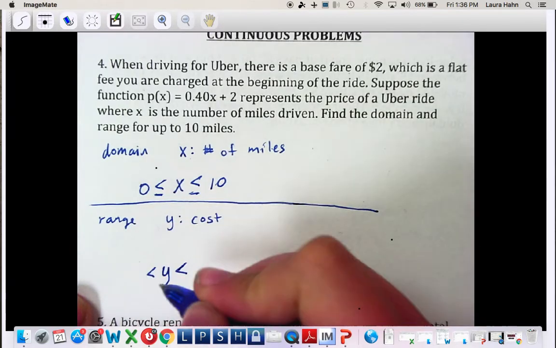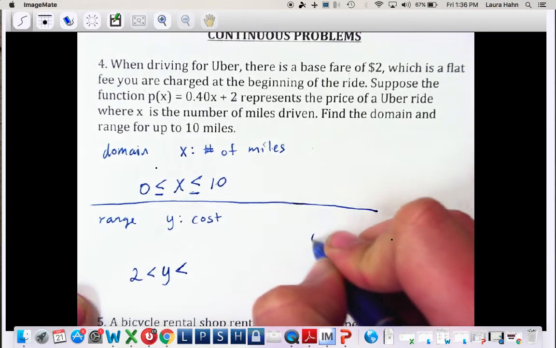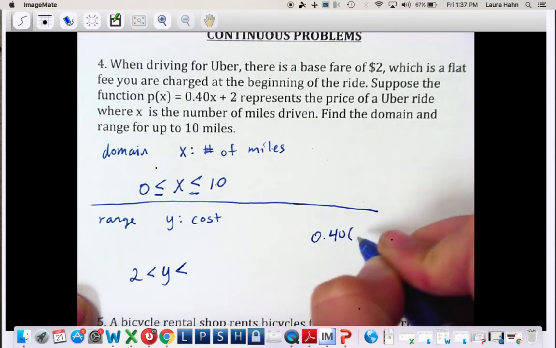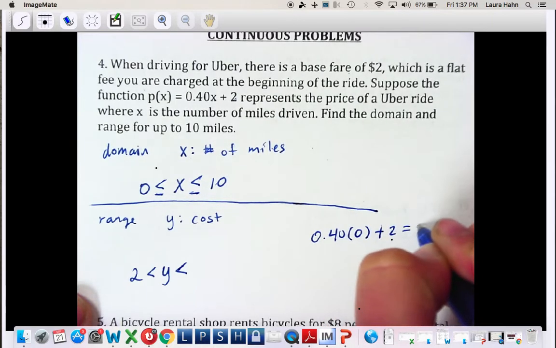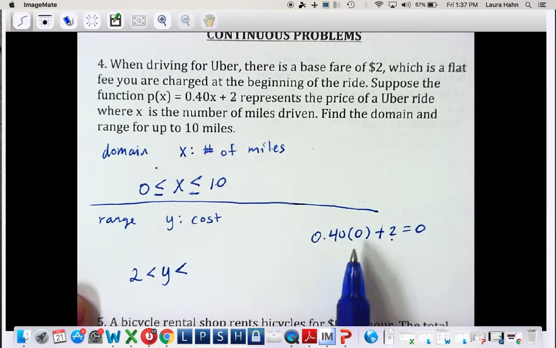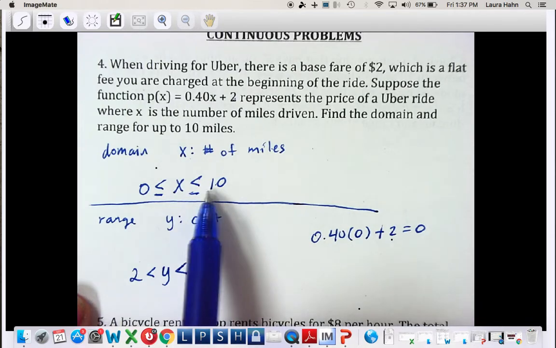So that would be 2 because that base fee, so watch this, if I plug in. So before I even drive anywhere, $2 to get in the cab to use it, right? All right, so now let's go to the max. I know the farthest I can go is 10.